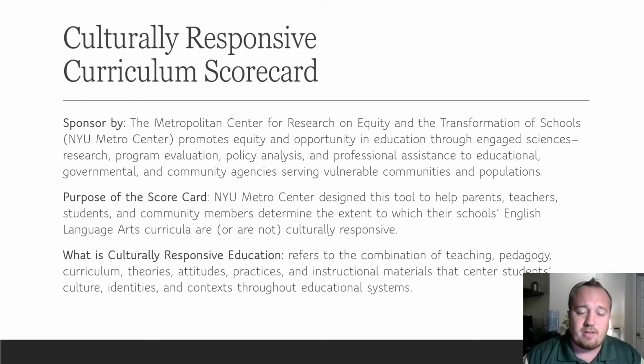The reason they created this scorecard was to have a tool to help parents, teachers, and the community determine to what extent their school's English language arts curriculum is or is not culturally responsive.